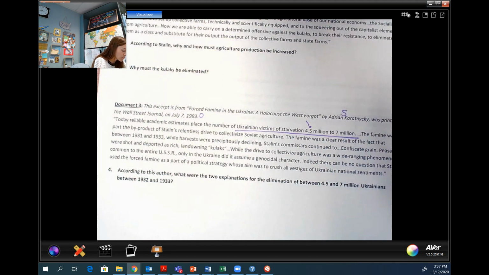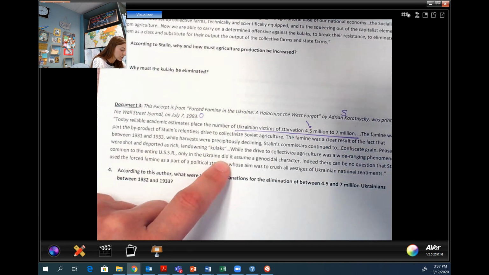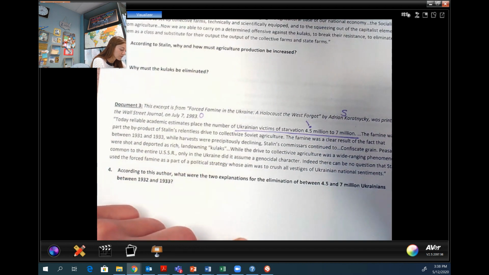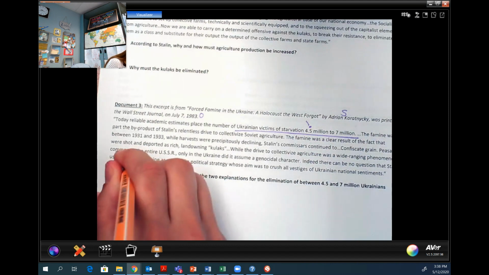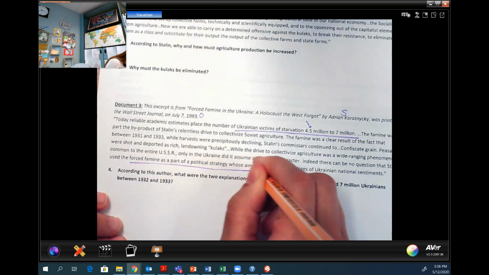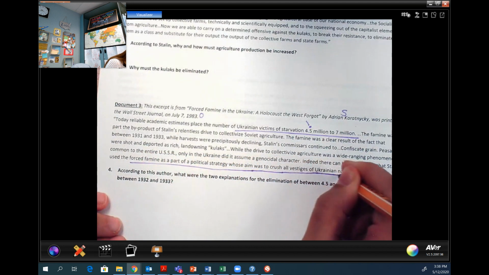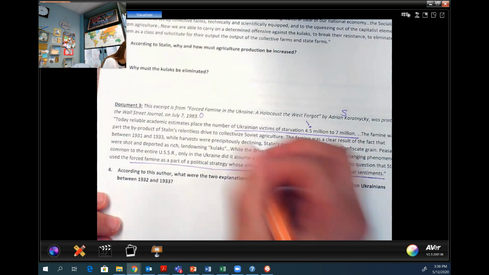Peasants were shot and deported as rich land-owning kulaks, while the drive to collectivize agriculture was a wide-ranging phenomenon common to the entire USSR. Only in the Ukraine did it assume a genocidal character. Indeed, there can be no question that Stalin used the forced famine as a part of a political strategy whose aim was to crush all vestiges of Ukraine's national sentiment.